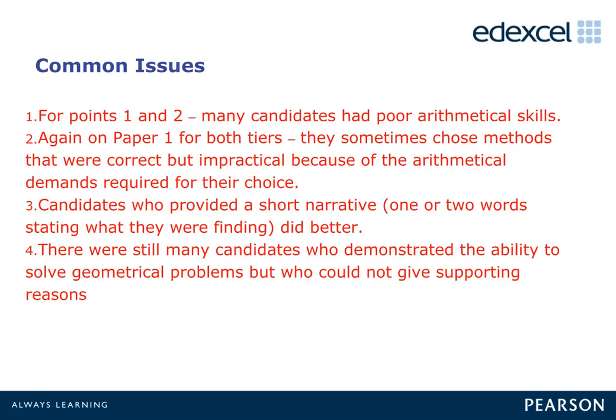They sometimes chose methods that were correct but impractical because of the arithmetical demands required for their choice. 3. Candidates who provided a short narrative, 1 or 2 words stating what they were finding, did better. 4. There were still many candidates who demonstrated the ability to solve geometrical problems, but who could not give supporting reasons.